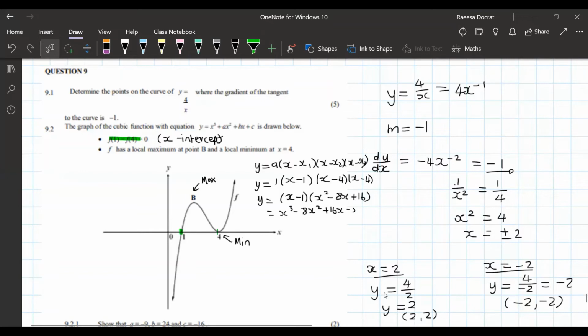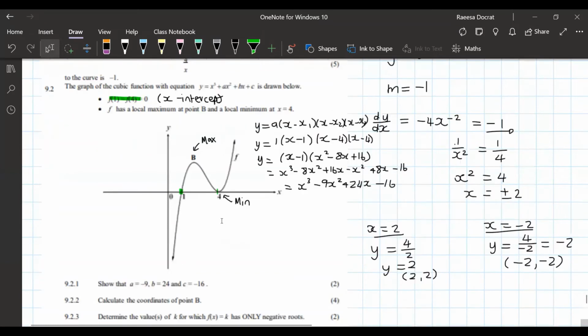So minus x squared plus 8x minus 16. Then we're going to group our like terms. We get x cubed, minus x squared minus 8x squared is minus 9x squared. 16 plus 8 is 24, so we get 24x, and then we have minus 16.